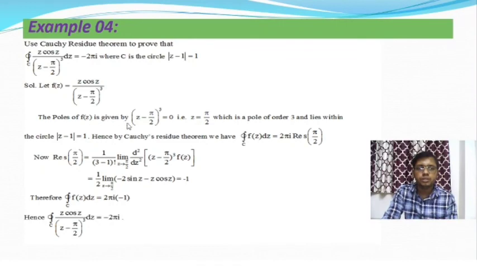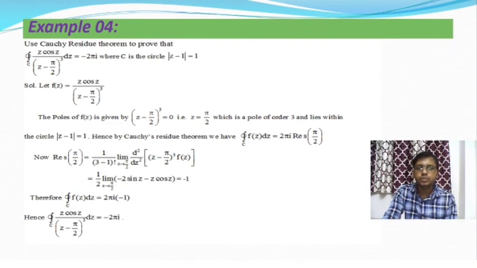Therefore, (z − π/2)³, the denominator of this function, equals 0, and from this we get z = π/2, which is a pole of order 3. And the point π/2 lies within the circle |z − 1| = 1.